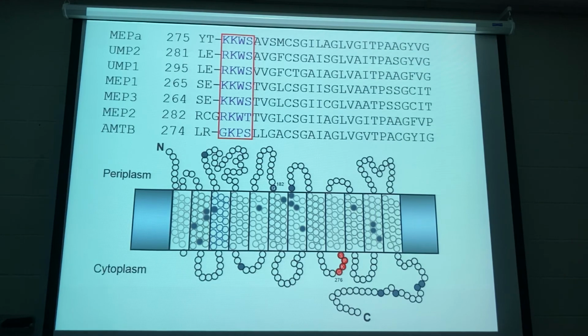And so now we're trying to see, is there a connection between the PKA pathway, which we saw earlier, there seemed to be something involved in that pathway, and the function of these ammonium transporters.